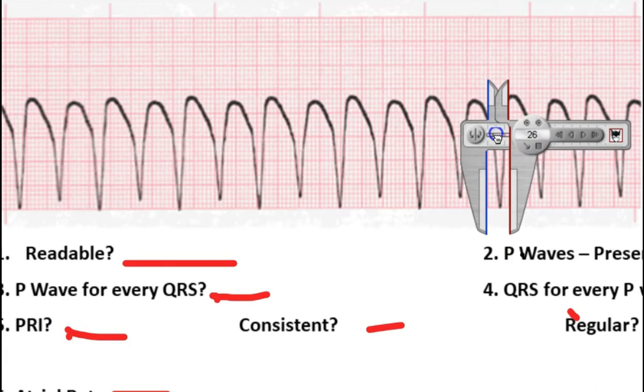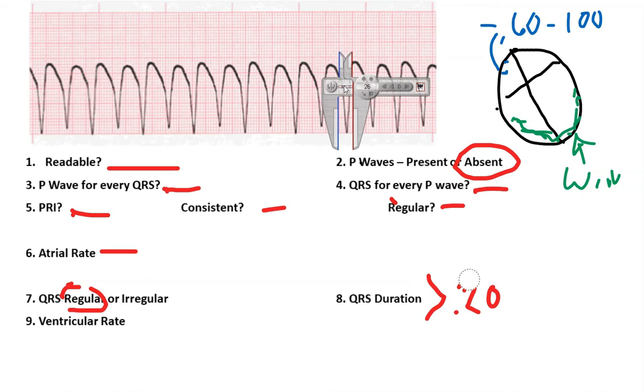I'm at just about 5 blocks. So 5 times 4 is 0.20.